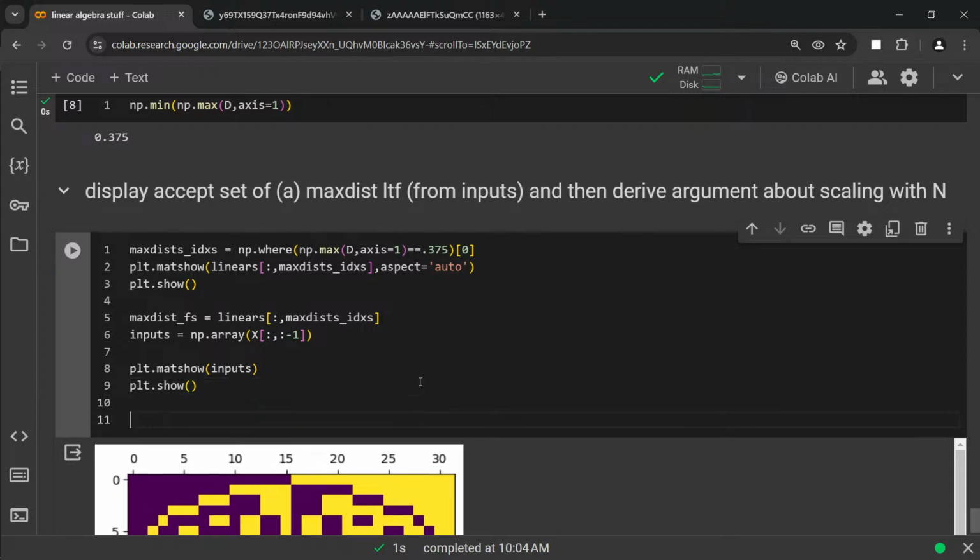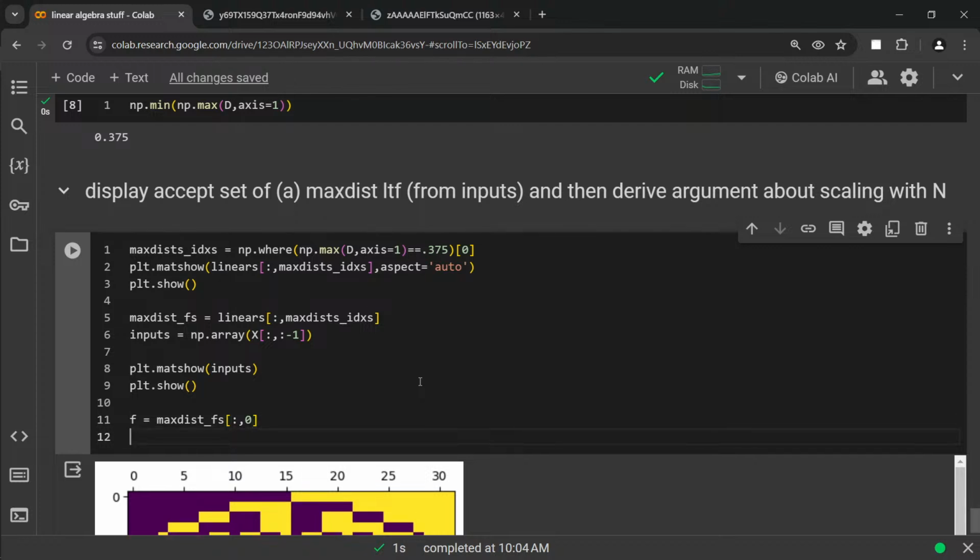Okay, so I need to select a subset of inputs. I'm gonna pick F to be max dist F's all of the rows and the first column.